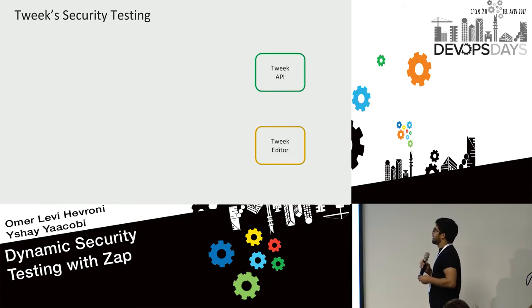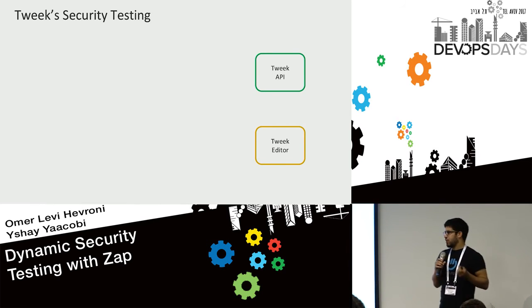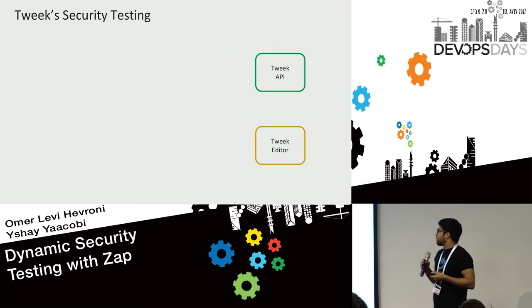So that's Tweek architecture, as Omer mentioned before. And when Omer hacked Tweek using passive mode, he went to the editor and did common user scenarios. And the same goes for the API, just use curl or Postman or something like that. So the first thing we need to do is generate some traffic to proxy through Zap.